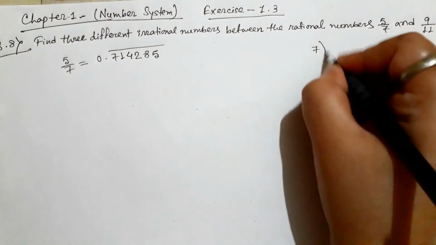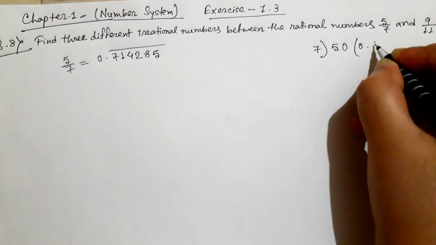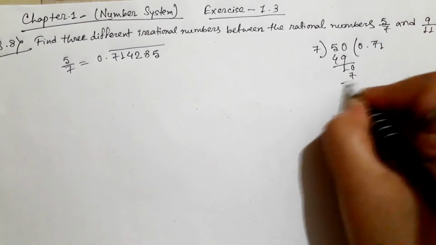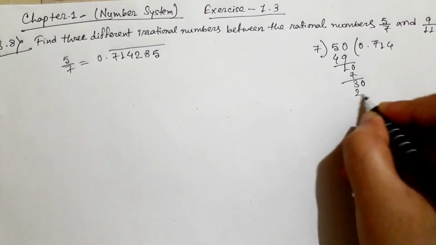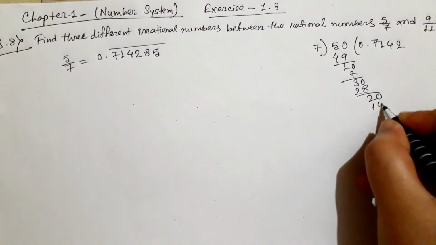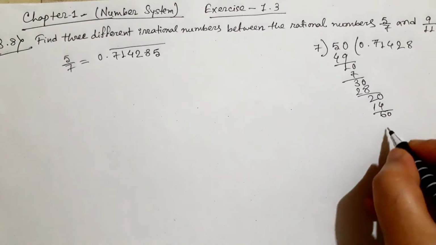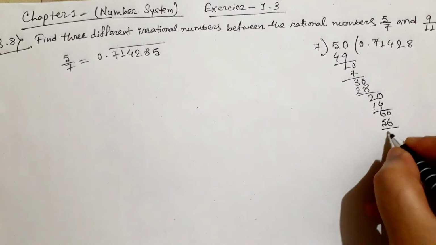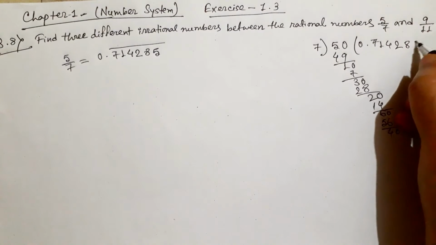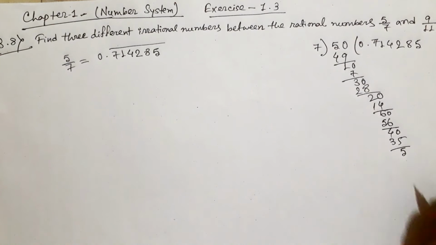We just use the division method. 7 sevens are 49, 7 fours are 28, 4 again, and now we take 0, 7 fives are 35, and again we get 5.